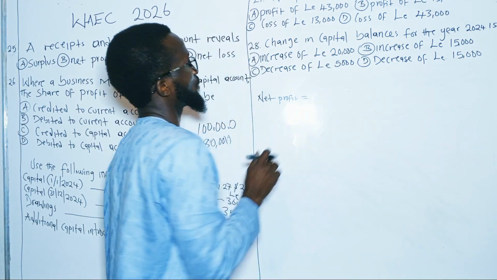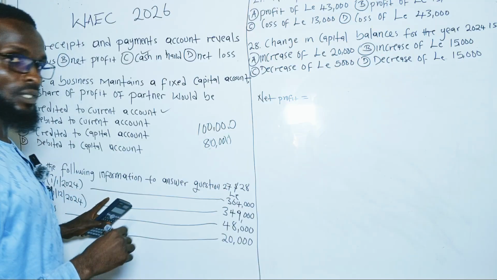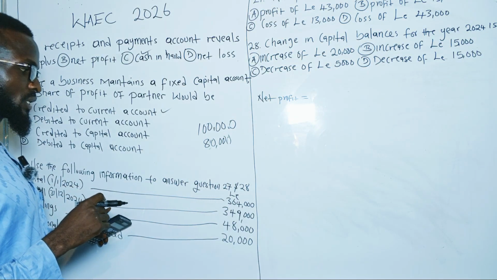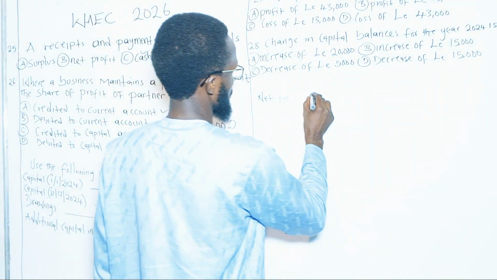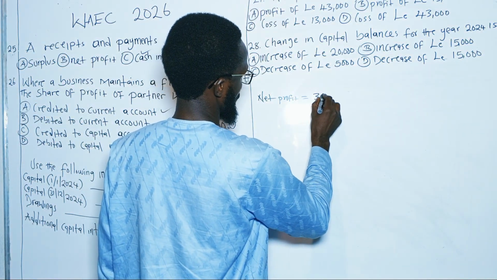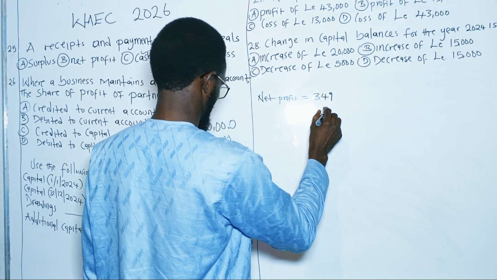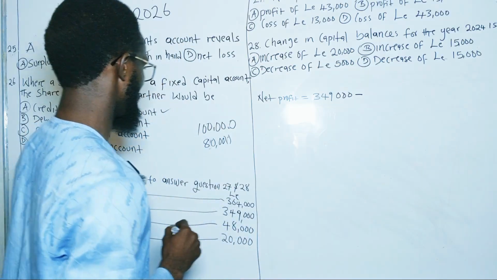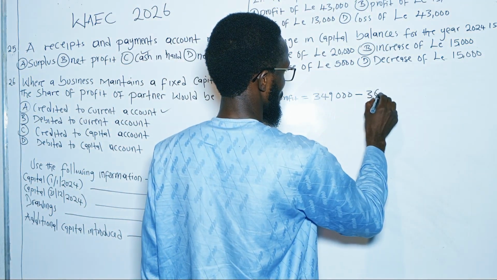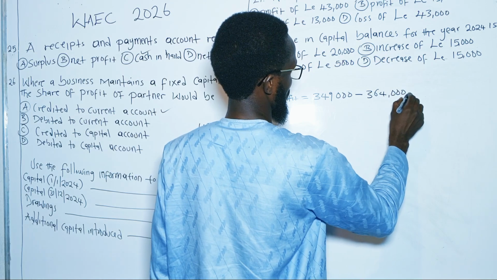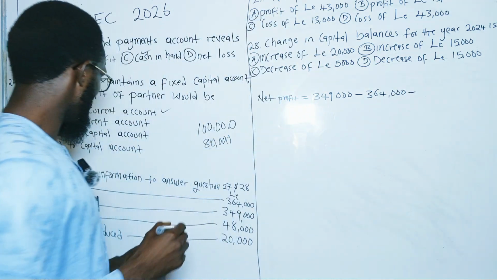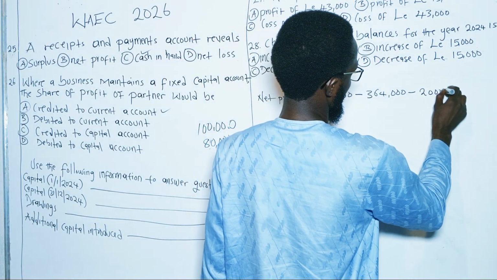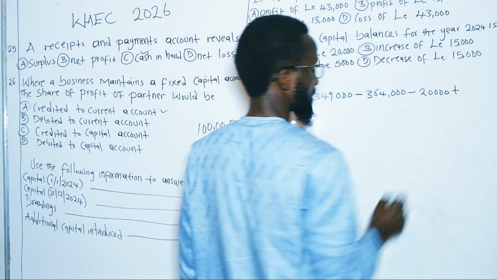Your closing capital. Where is your closing capital? This is your opening capital, 1st January. This is your closing capital. So closing capital 349,000 less opening capital 364,000 less additional capital introduced 20,000 plus drawings.